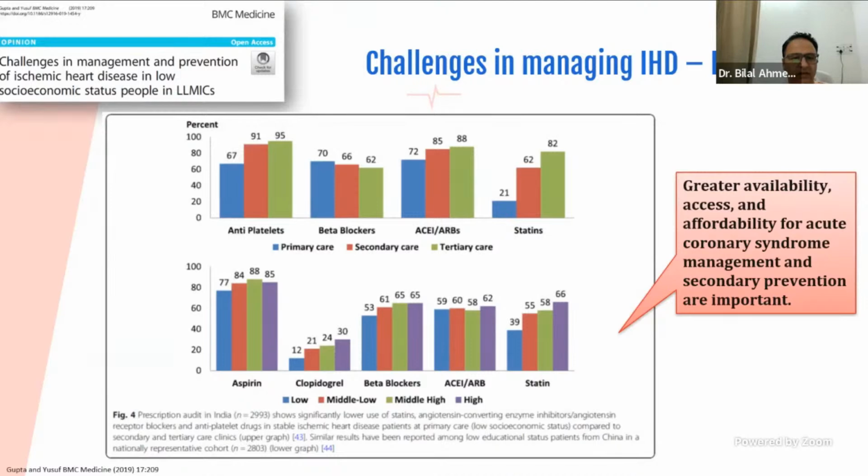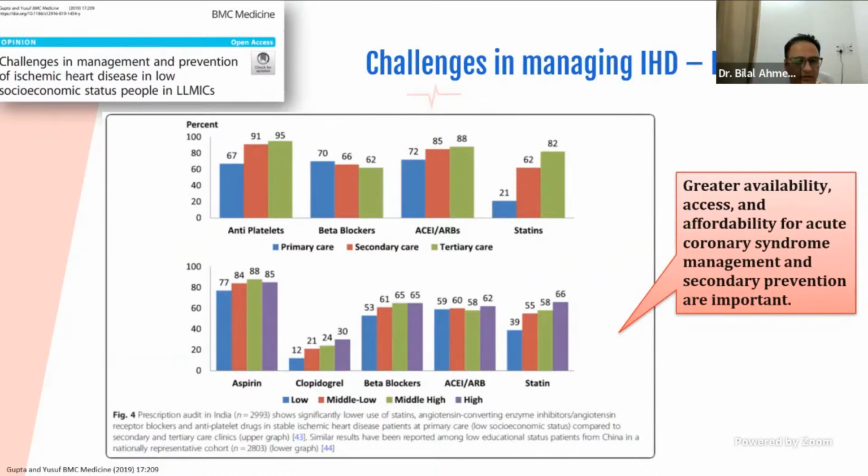So if we see antiplatelets, people are using aspirin, very less clopidogrel, at a certain level of 50 to 60%. There are beta blockers, ACE inhibitors, and very few statins. This is the data showing the challenges in managing ischemic heart disease from the Indian perspective, at primary, secondary, or tertiary care levels.